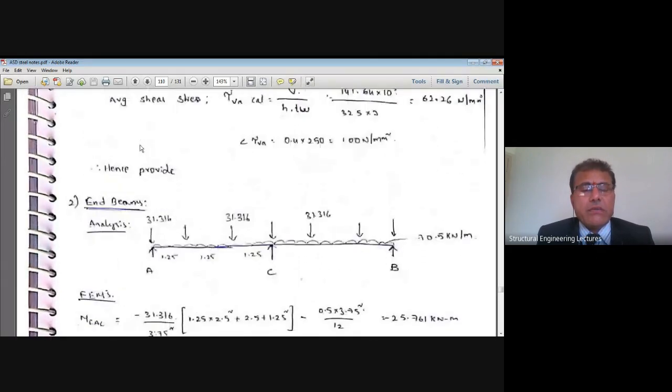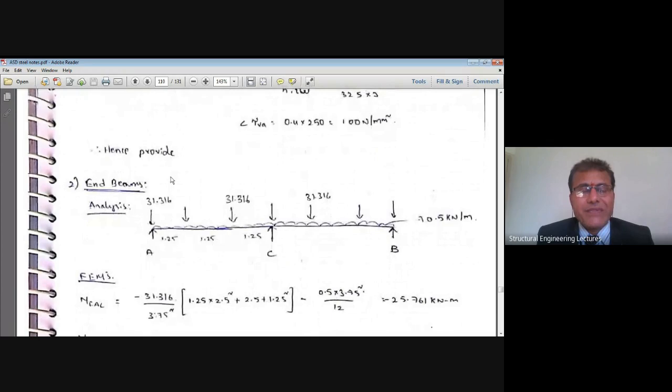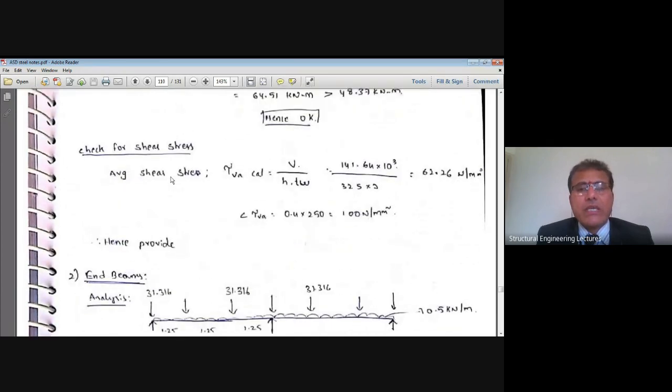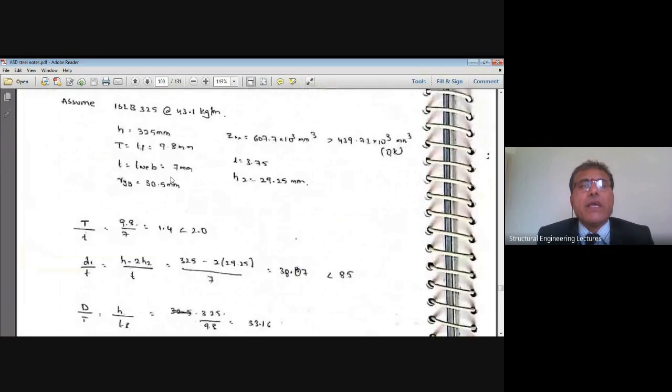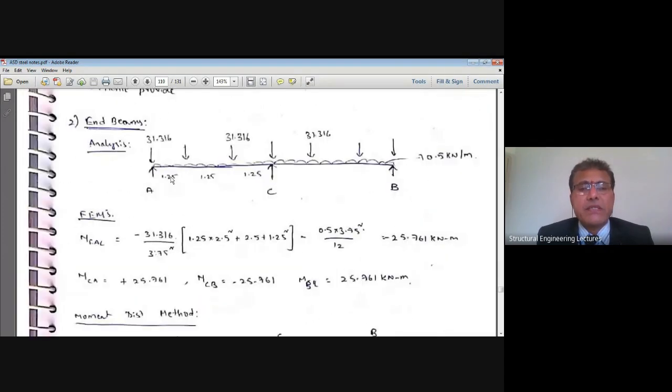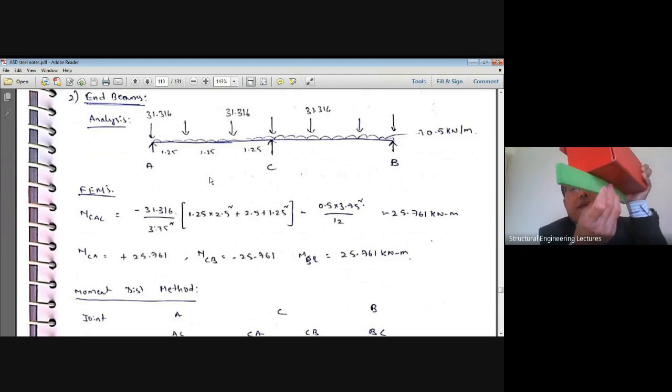Once we do those three more checks, then our proposed section is the final section. Now I'll say, hence, provide ISLB 325 at the rate of 43.1 kg per meter as the final section for intermediate beams.